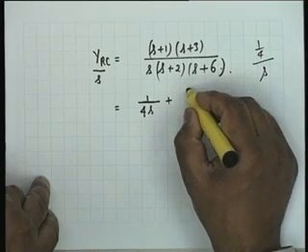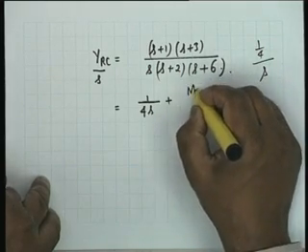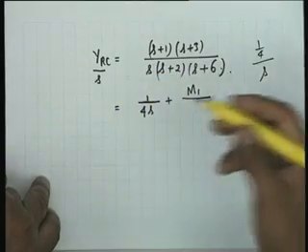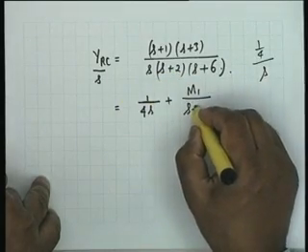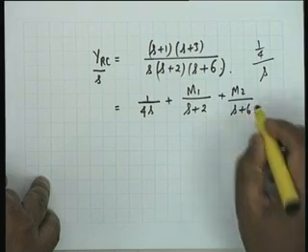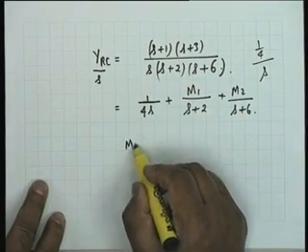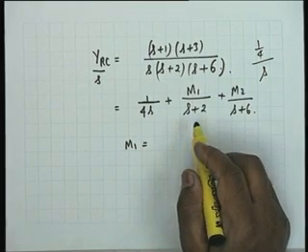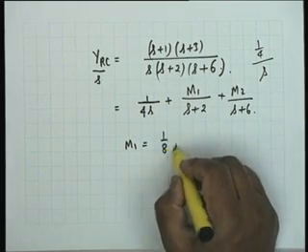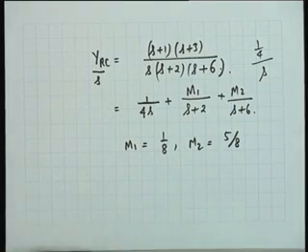Plus you shall have, let us say, M1 by S plus 2 plus M2 by S plus 6. I used K earlier, but it does not matter. You can find these out; I will skip these steps. M1 in my case came to 1/8 and M2 was 5/8.